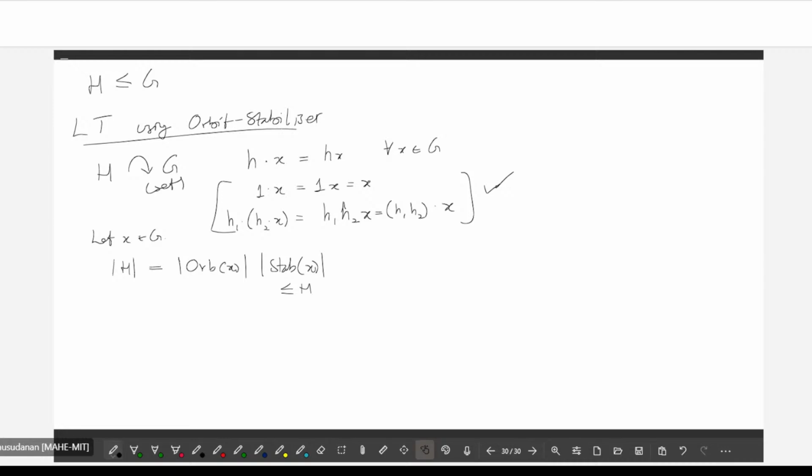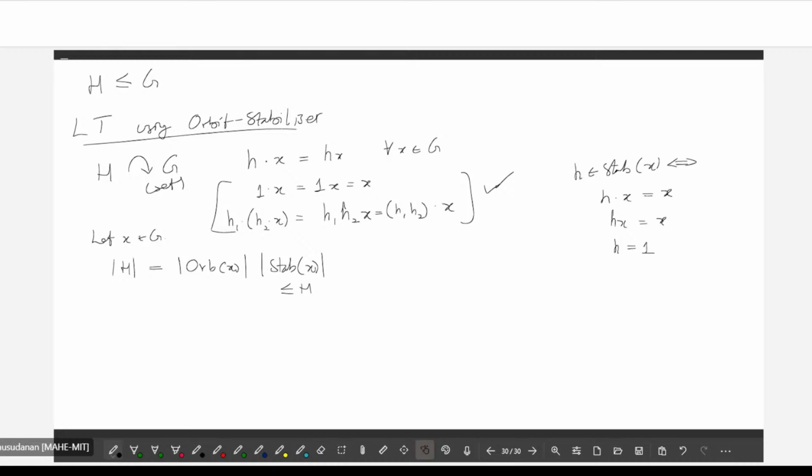So when will this happen? This is the definition simply: Hx equal to X. When will that happen? When H is the identity. That means the stabilizer is trivial.